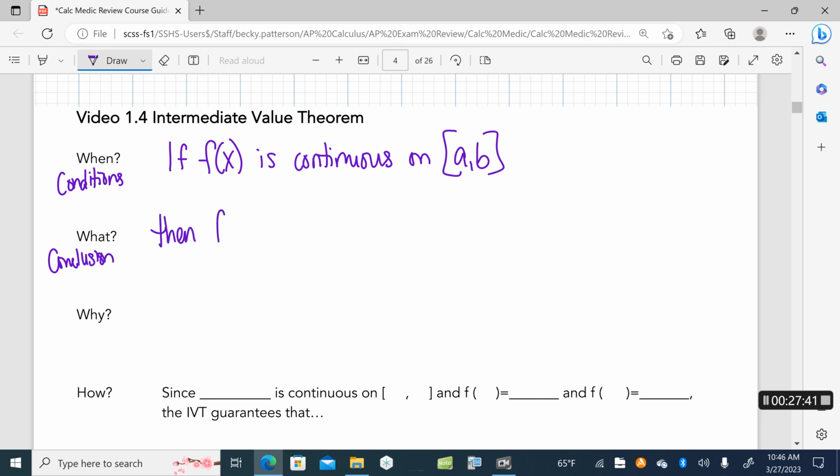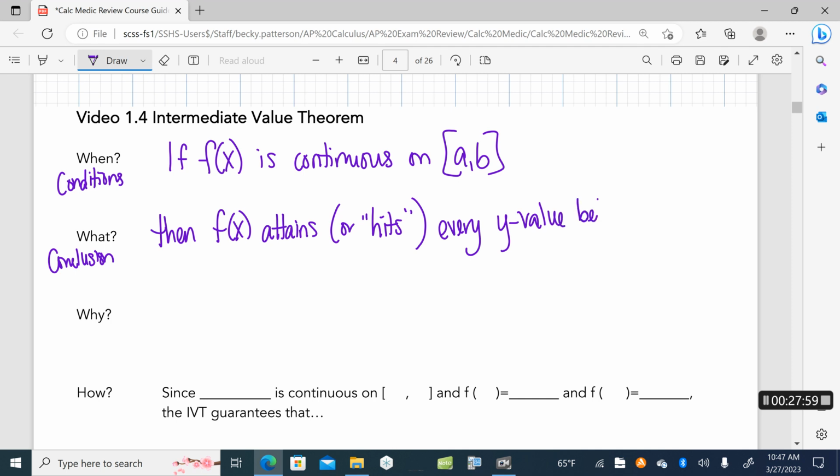Then f of x attains, or hits, every y value between, now it's not between a and b. A and b are x values, so it's between f of a and f of b.